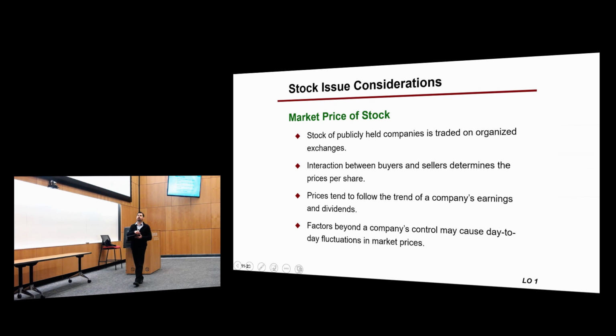Okay? Now, the company will sell their stocks in stock markets, right? In exchange markets.